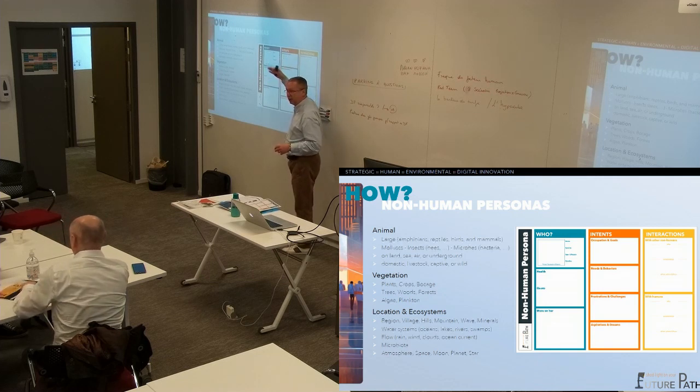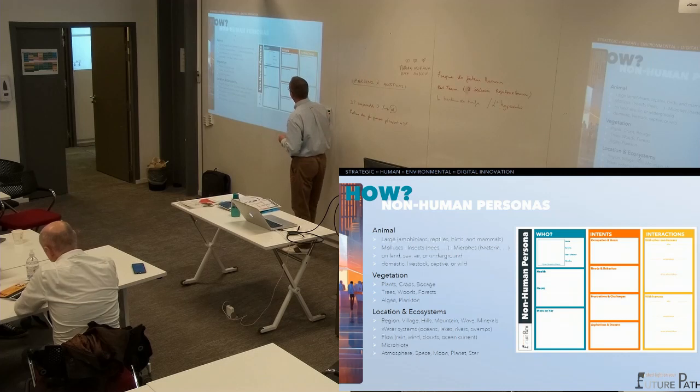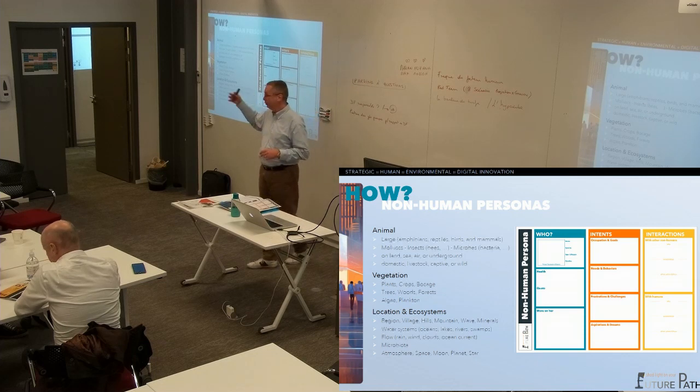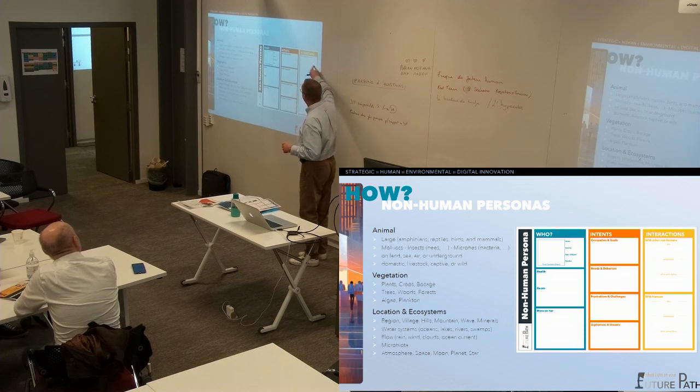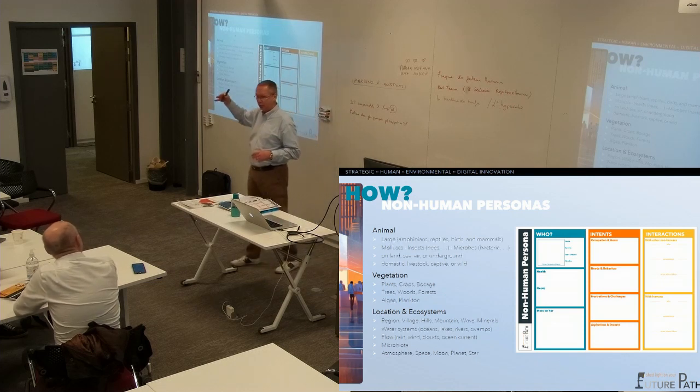Especially, what are the frustrations and challenges, probably due to human activity? And how does this persona interact with other non-humans and with humans? For humans, usually we do, but here we could envision symbiotic behaviors, when 2 species are working together in a very collaborative manner.